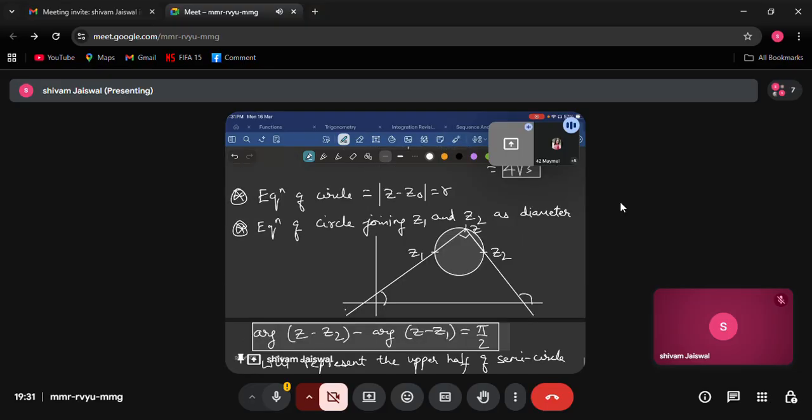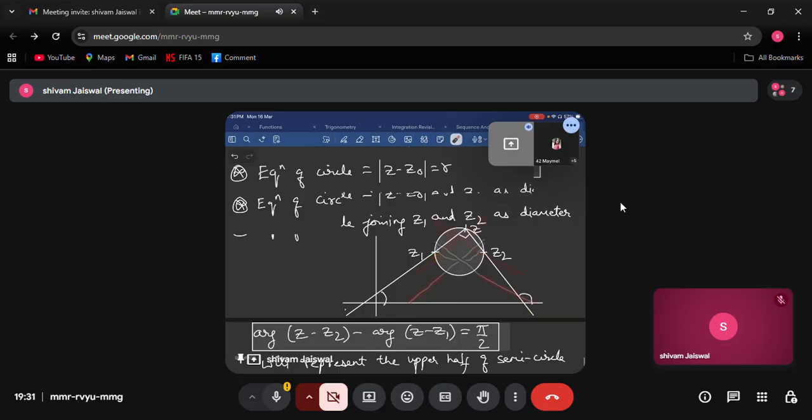If I want to represent the lower half of the semicircle, then this is the argument of z minus z2, and this is the argument of z minus z1. What is the difference then?